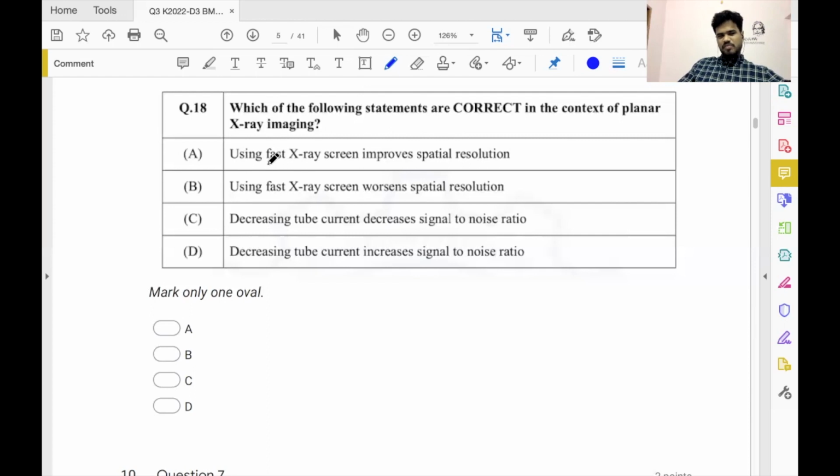You make something fast, somehow the resolution should become bad. Cameras in photos taken at night look very noisy, right? Some fast X-ray screens will worsen spatial resolution, and then decreasing tube current, the intensity of X-rays is proportional to tube current. Decreasing that decreases intensity, so signal is less.